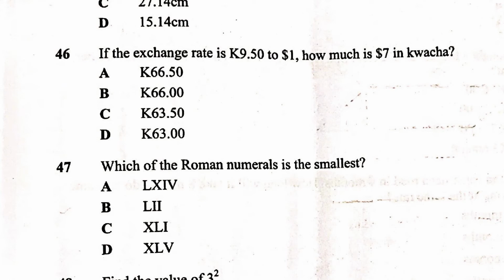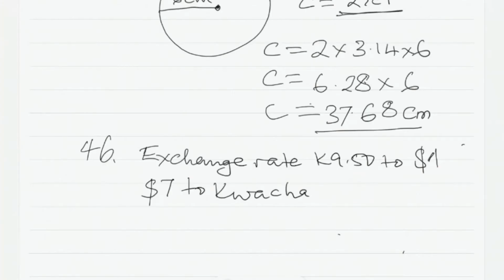So now you have to exchange $7 to kwacha. Since $1 is equivalent to 9 kwacha 15 ngwe, that means $7 will be 9 kwacha 15 ngwe multiplied by 7 to get the value of $7.